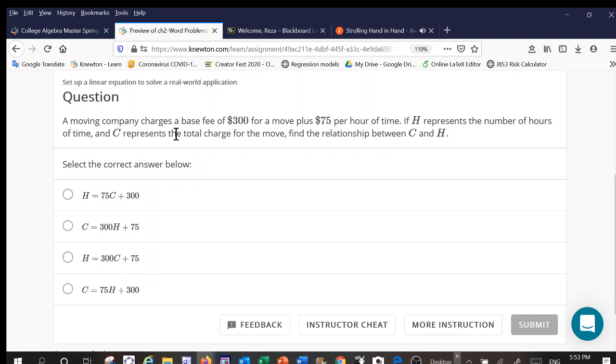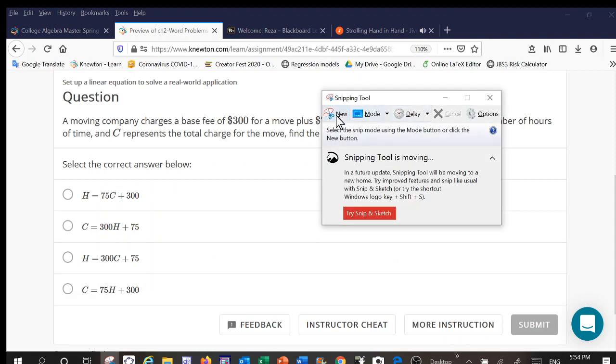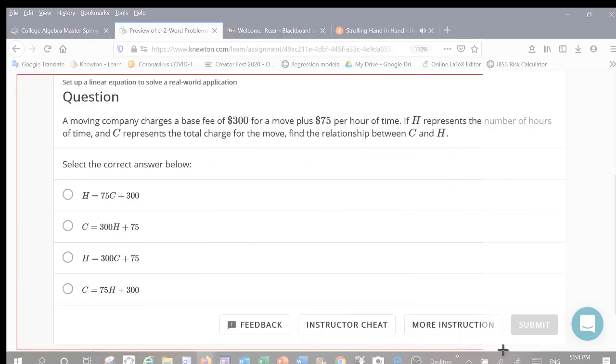A moving company charges a base fee of $300 for a move plus $75 per hour of time. If H represents the number of hours of time and C represents the total charge for the move, find a relationship between C and H. Okay, so C and H are related based on this story.